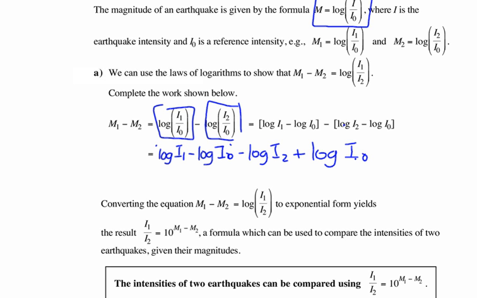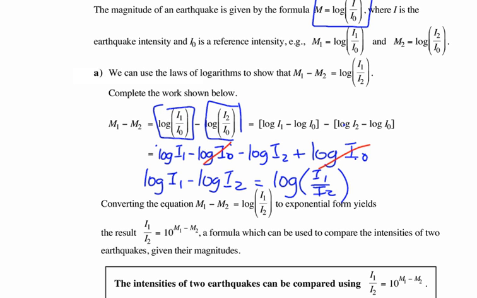So what happens here? Is there anything that cancels? Yeah, these guys cancel, which gives us the log of intensity 1 minus the log of intensity 2, or intensity 1 divided by intensity 2. Okay, so that's how that formula was developed.